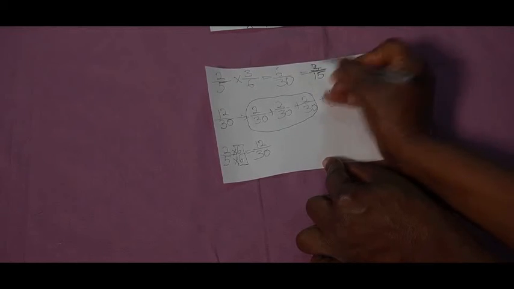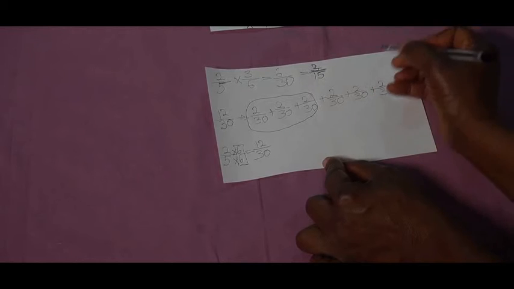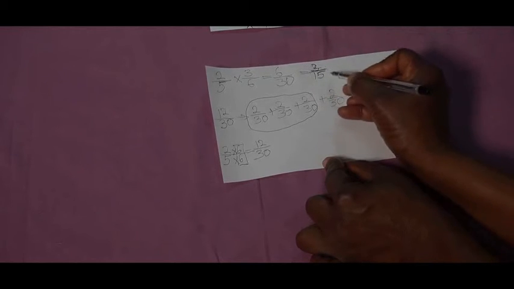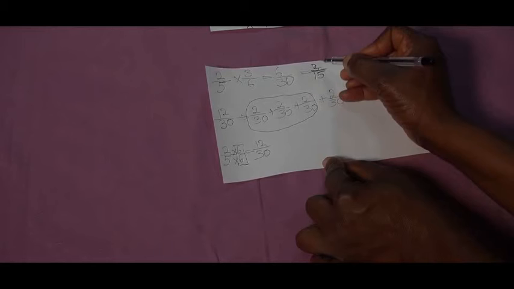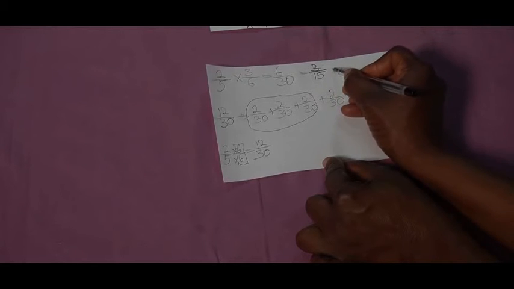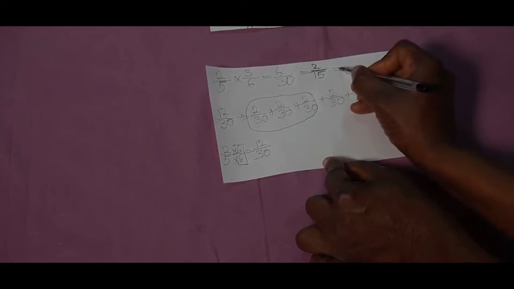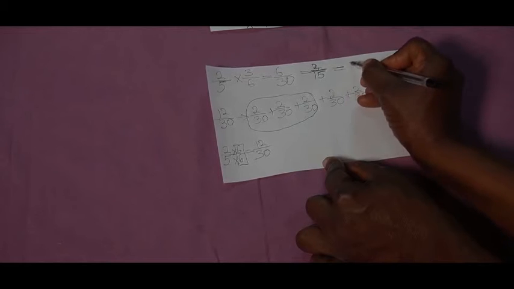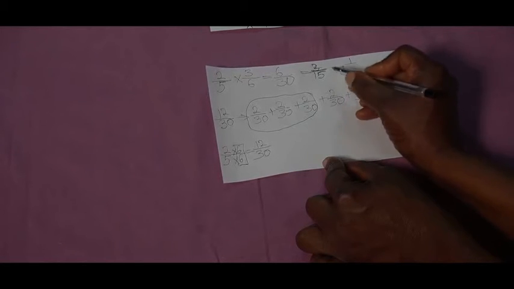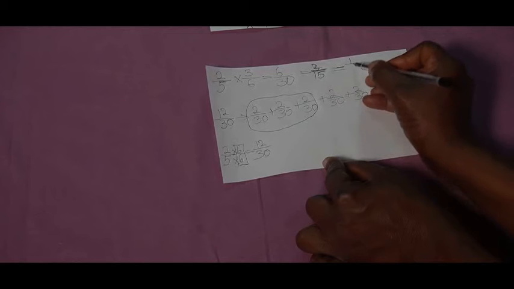So it's 3/15. And if we reduce this 3/15, we're going to have 1/5.